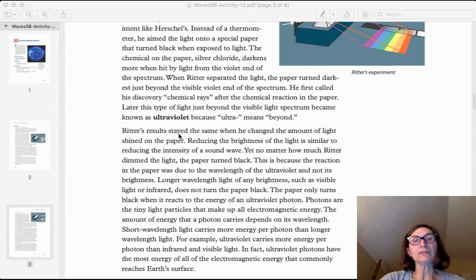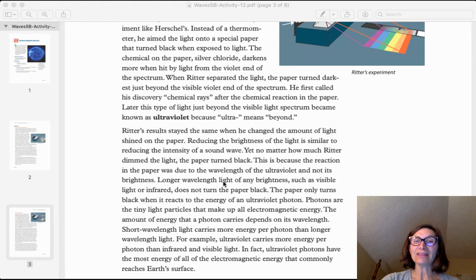Ritter's results stayed the same when he changed the amount of light shined on the paper. Reducing the brightness of the light is similar to reducing the intensity of a sound wave. Yet, no matter how much Ritter dimmed the light, the paper turned black. This is because the reaction in the paper was due to the wavelength of the ultraviolet and not its brightness.